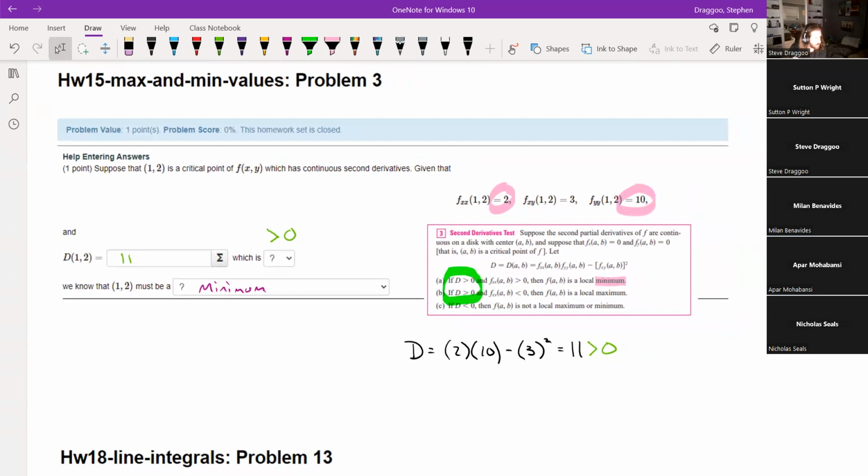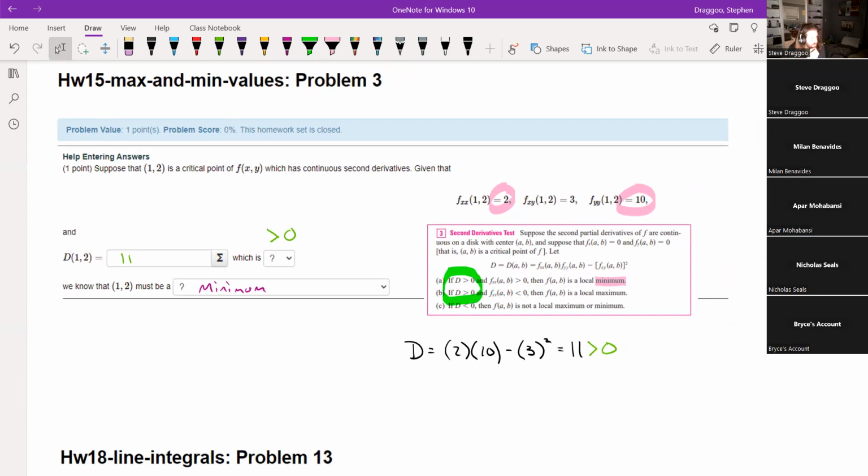Another problem that I just wanted to talk about a little bit is the second derivative test for local maximums or local minimums. That's where we look at the determinant of all those second order partial derivatives. The second derivative test is listed right here. A decent thing to remember when going into the exam.